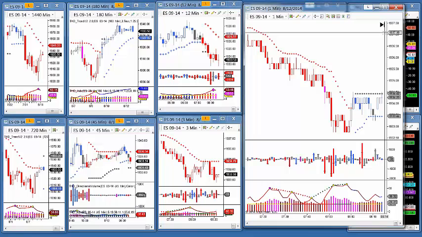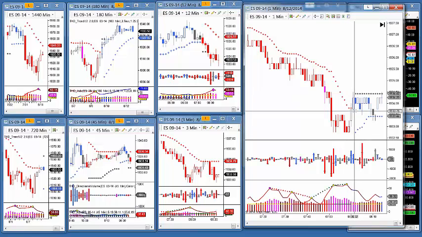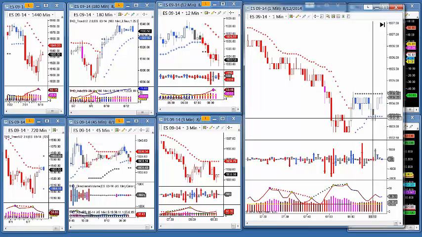Because, and this is the whole theory why I do this, Claudia. All right, they broke through this area of resistance here, right? Now they need to come back and test to make sure that it's going to support price to go up. Okay, all right, they found support.